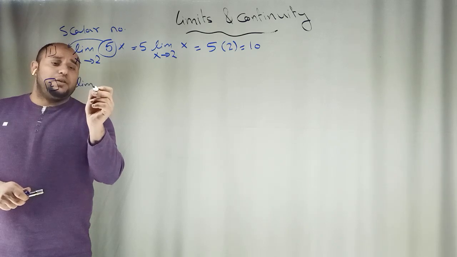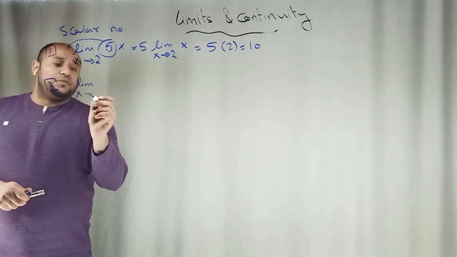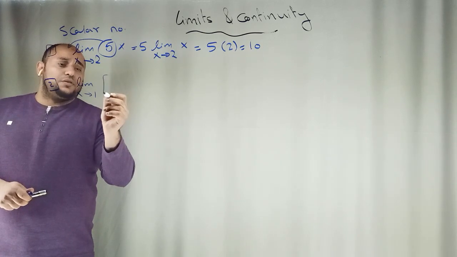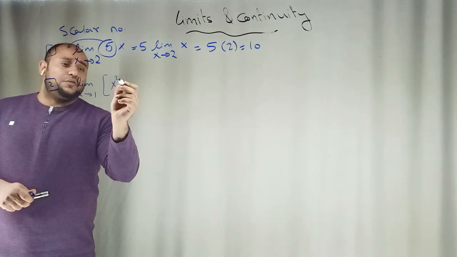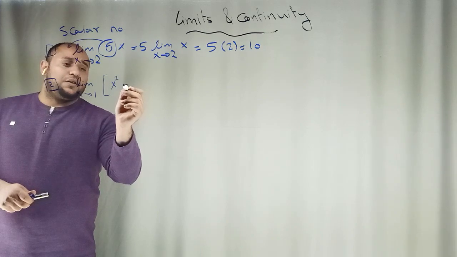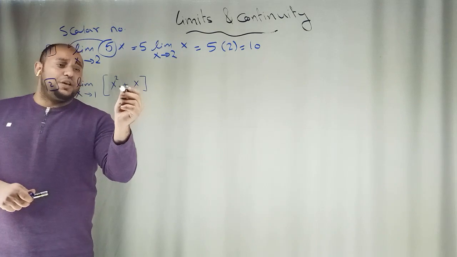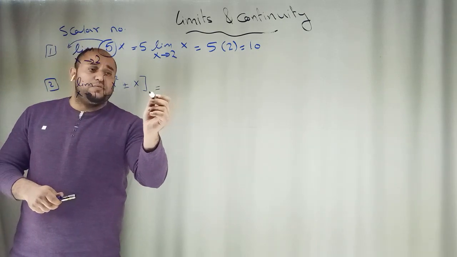The second case, I have two functions. If I have the limit as x approaches 1 of the function x squared positive or negative x, I have two cases, positive and negative. It's the same technique.